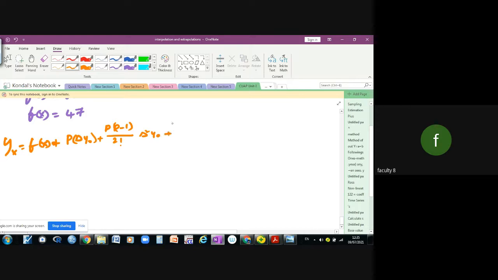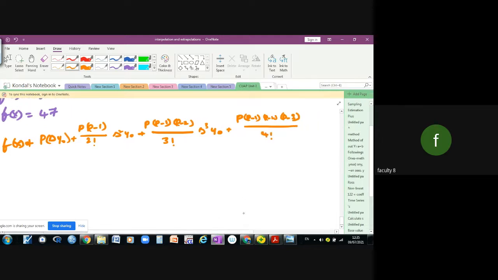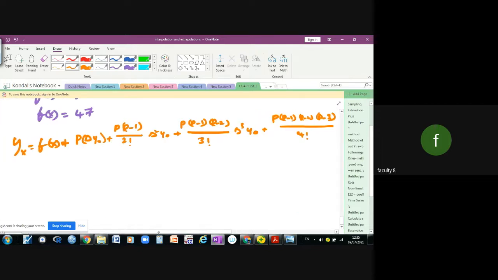So next, P into P minus 1 into P minus 2 divided by 3 factorial into delta 3 y0, plus P into P minus 1 into P minus 2 and P minus 3 divided by 4 factorial into delta 4 y0. So this is the formula for estimating the interpolation. Okay, simple, we need to substitute the values.